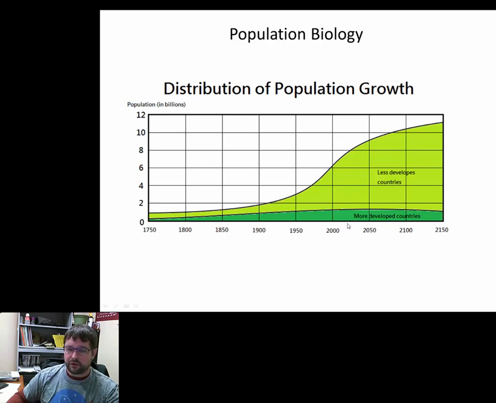Now, we're sitting right about here, close to 2020. Believe it or not, it's kind of scary for some of us who were born on the other side of 2000 that we're already at 2020. But we're sitting pretty close to that 8 billion people mark.